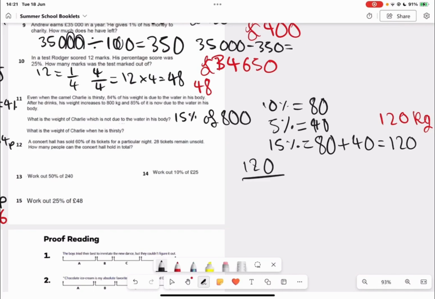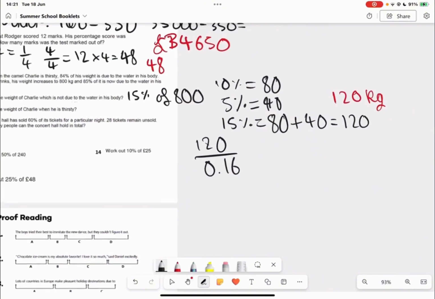So what we do is we divide by 0.16 and we can increase this by a scale of 100. If we're to do the bus stop method, that would then be 1, 2, 0, and then we add 2 zeros, and then the 16. So how many 16s are going to 120? That will be 7.